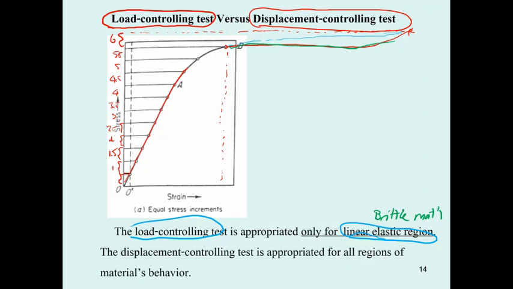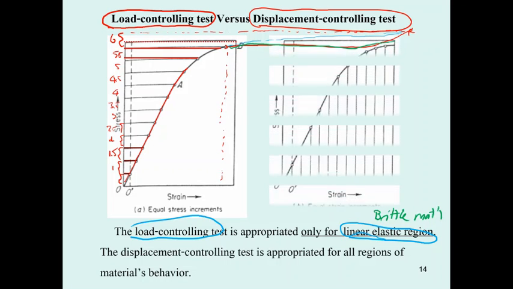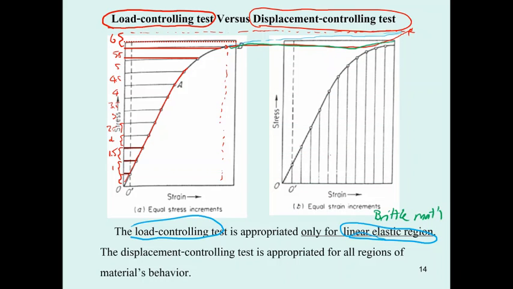But for the displacement controlling test, we divide the displacement into equal intervals. For example, the person reading the dial gauge, every 10 movements of the scale, asks the loader to read the load. Then they increase it another 10, to 20, and read the load.